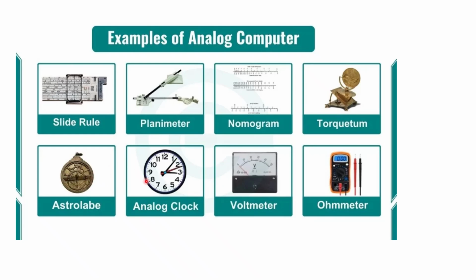Then analog clock, of course, we use every day this type of clock, the wall clock. Then voltmeters, you must have seen. Ohm meter showed you ohm value by inserting any of the resistances here, and the result is displayed here.